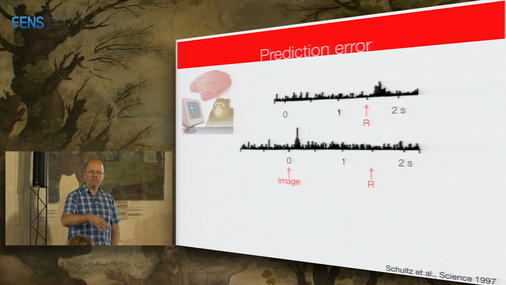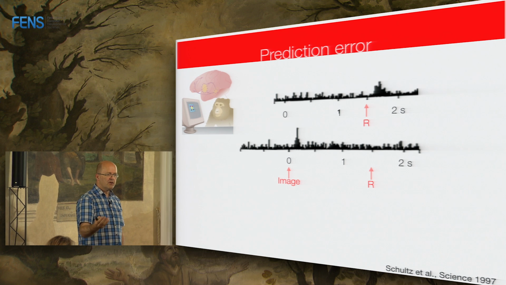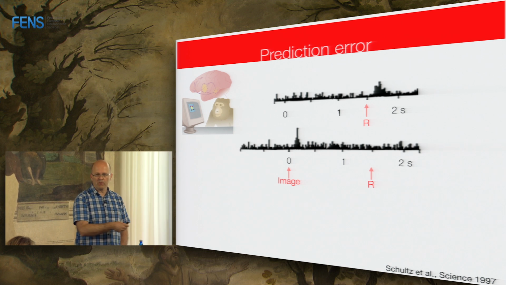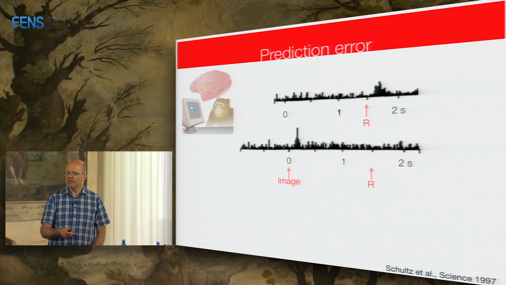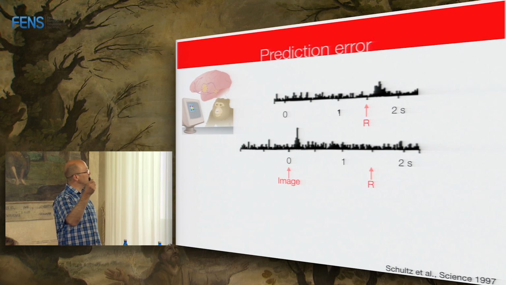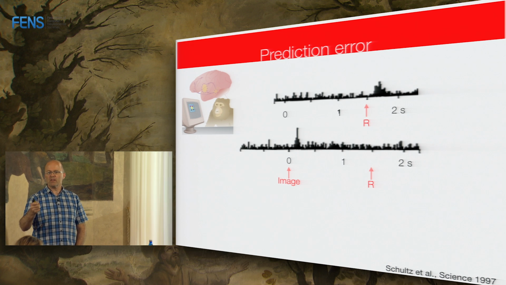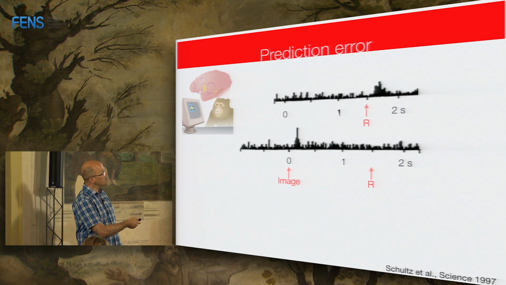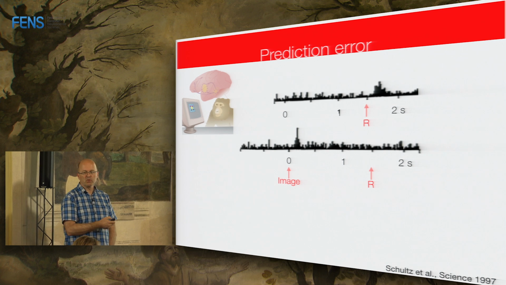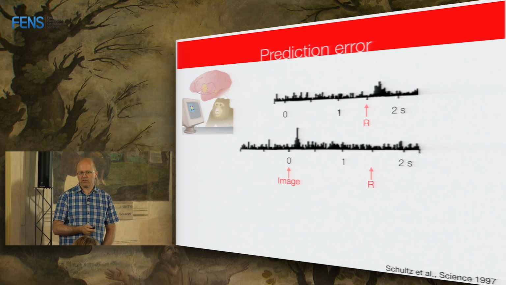So how do you have to refine your hypothesis from saying that they code for reward? Unexpected reward. So a reward that comes by error, right? So here, Wolfram Schultz introduced this idea of prediction error.